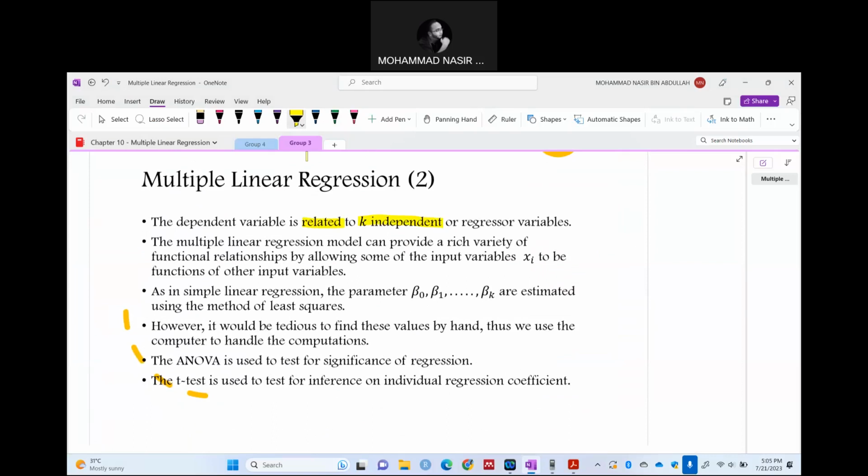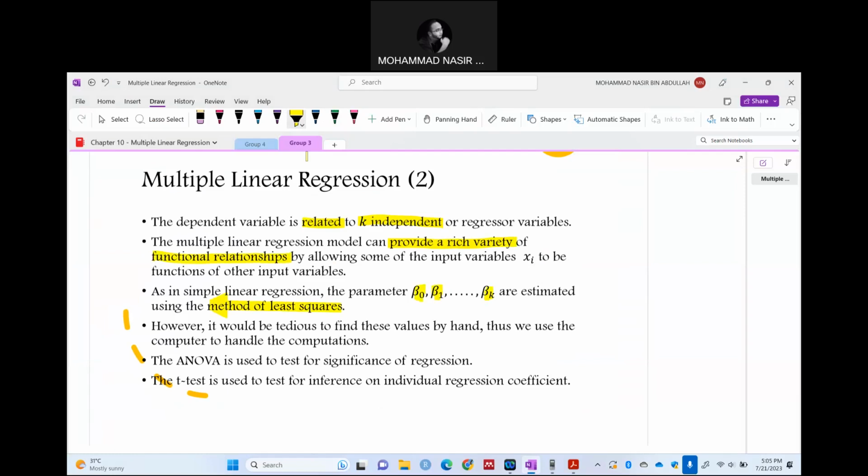The multiple linear regression model can provide a rich variety of functional relationships by allowing some of the input variables xi to enter the function. As in simple linear regression, the parameters beta naught, beta 1 until beta k are estimated using the method of least squares. Remember, to establish the equation, we use the least square method.